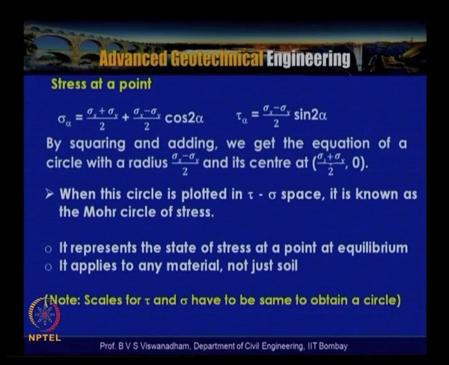Sigma x is the stress applied in the x direction, sigma y is the stress applied in the y direction, and the center is at sigma x plus sigma y by 2 comma 0. When this circle is plotted in tau-sigma space, it is known as the Mohr circle of stress. It represents the state of stress at a point at equilibrium, and it applies to any material, not just soil.